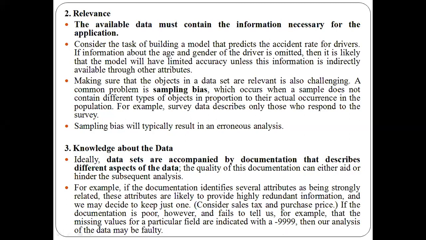In a DBMS, we indicate the missing value by null values, but in a data mining task, a missing value may be indicated by -9999. If by looking at the documentation you are not able to tell that this is a missing value, then you will not be able to perform your data analysis task. So you need to have good documentation, that is knowledge about the data present in the documentation, in order to perform your analysis task.